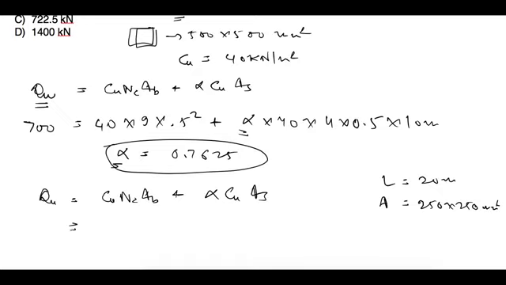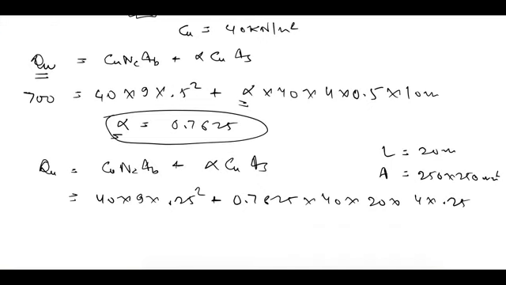So just simply put the values. Cu is equal to 40, Nc is 9, area of the base is 0.25 square plus alpha we just found out, that is 0.7625, into Cu again 40, and surface area is 20 into 4 into 0.25. So from here this value comes out to be 632.5 kilonewton.